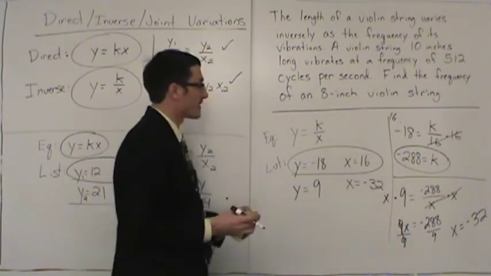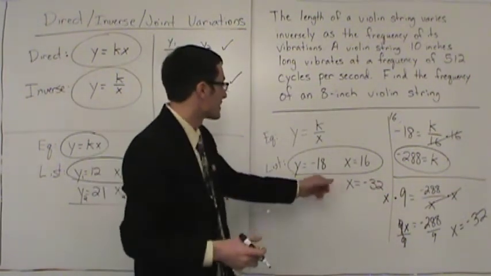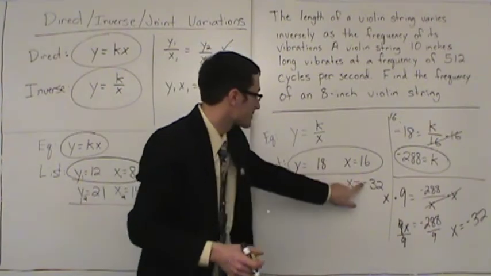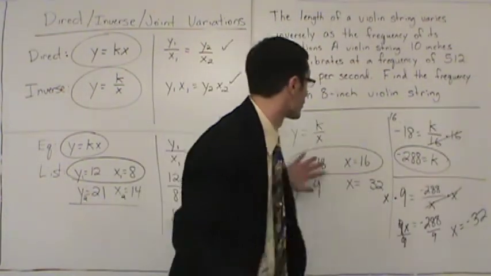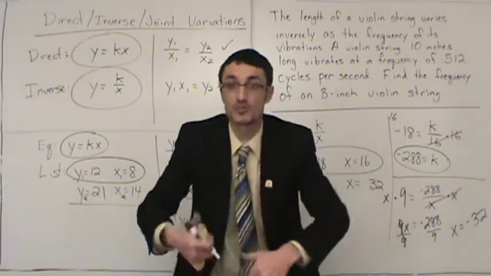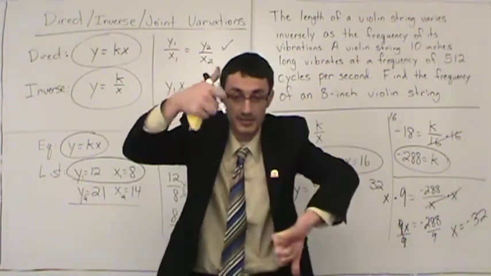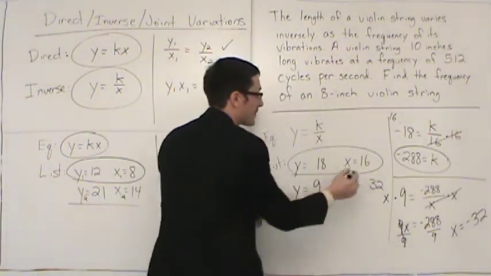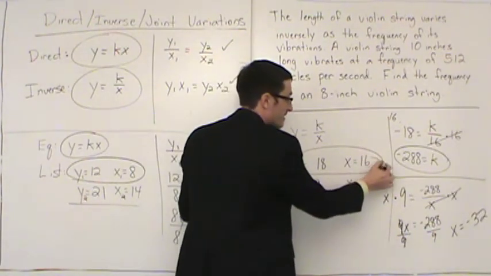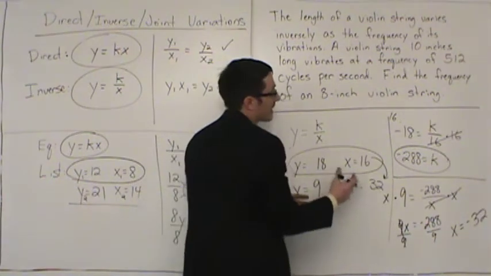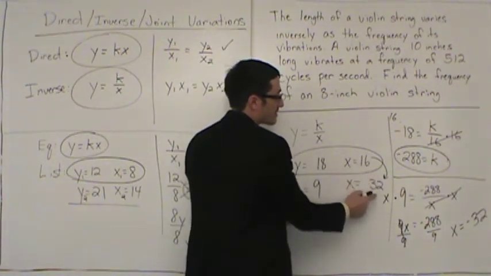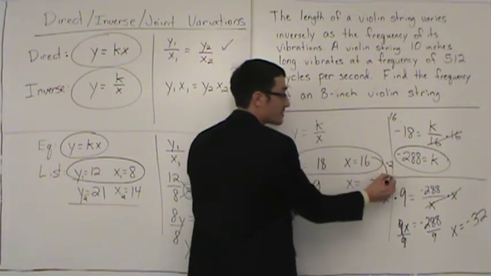One way to think of this, again, if we ignore our signs, I'm just going to ignore the negatives for a moment. When I say inverse, they're doing opposite things, in terms of if you ignore your signs. As one goes up, the other goes down. So notice what happened from x to x. From 16 to 32, it went up. Now we multiply or divide, either or. 16 times what is 32? 16 times 2.